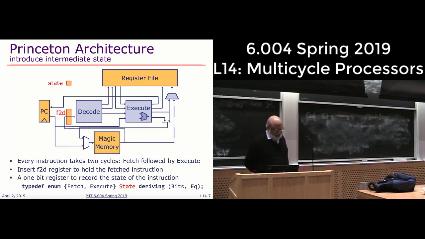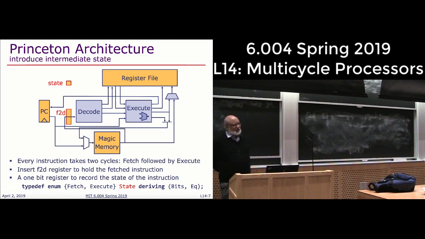Okay, so this is the picture I have drawn here for you, where both instruction fetches and data accesses come to the same magic memory. So that's why I put a mux. Remember, whenever something is accessed from two places, you have to have a mux in it, right? Now every instruction is going to execute in two cycles. What will we do in the first cycle?